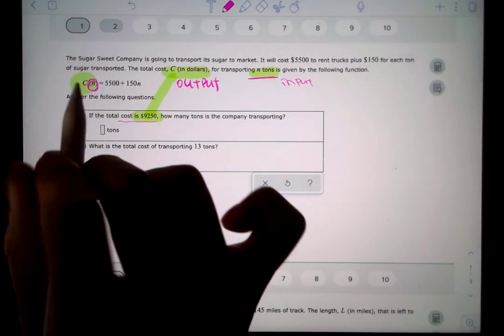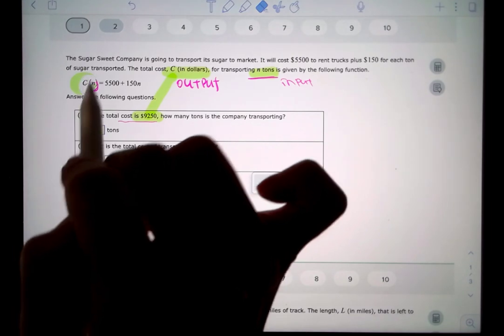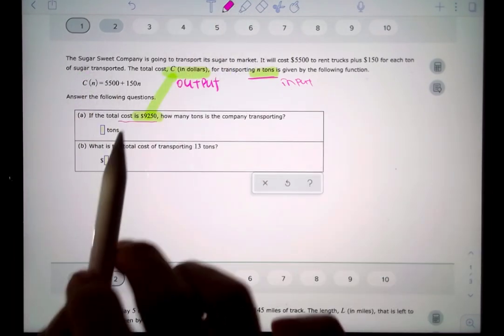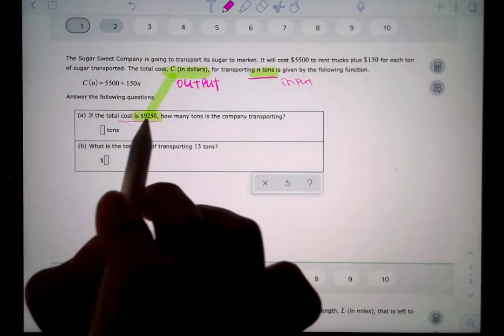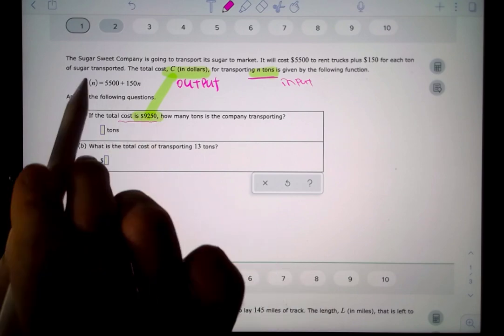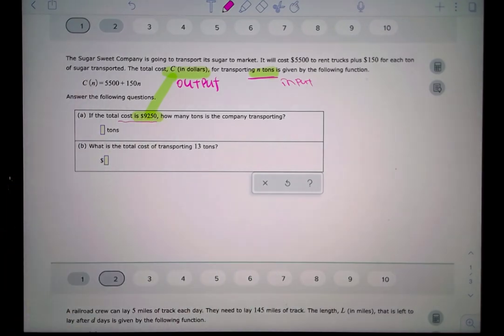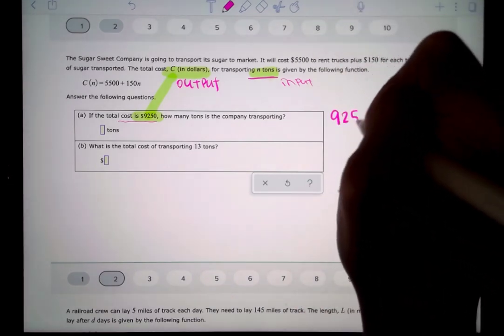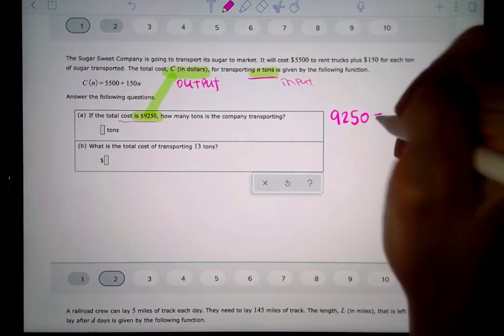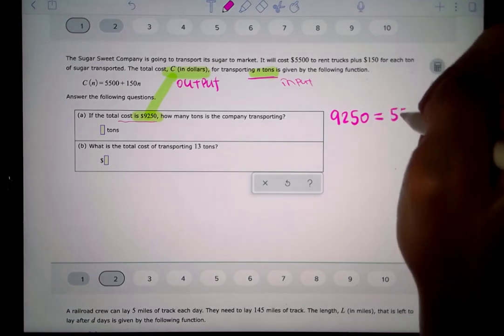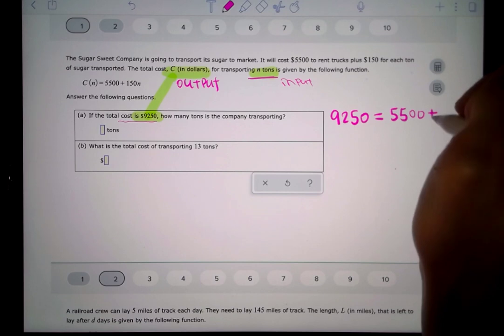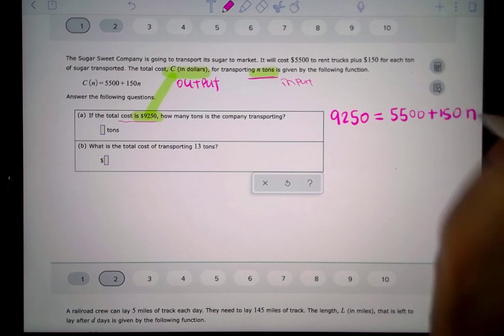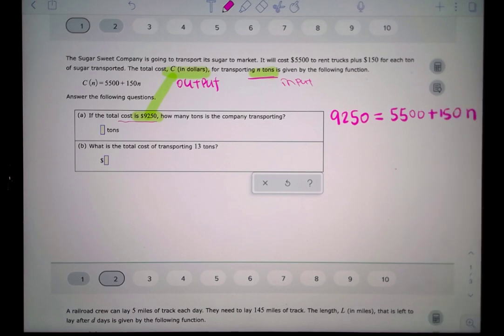From this equation, I will put this 9,250 into C of n, because your total cost is 9,250. So you make it 9,250 equals 5,500 plus 150n.